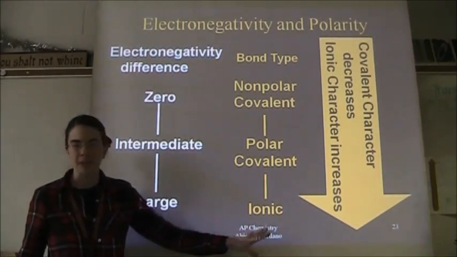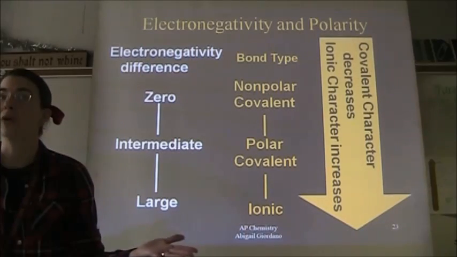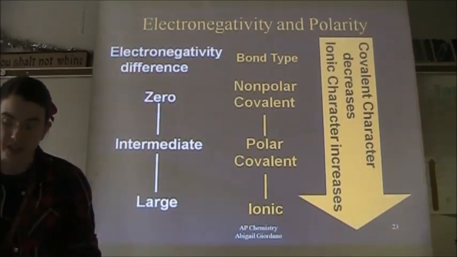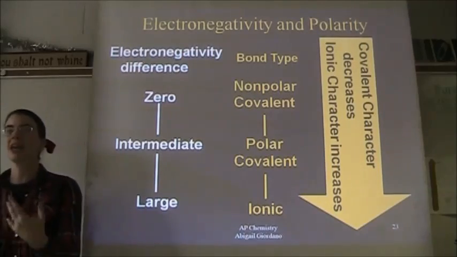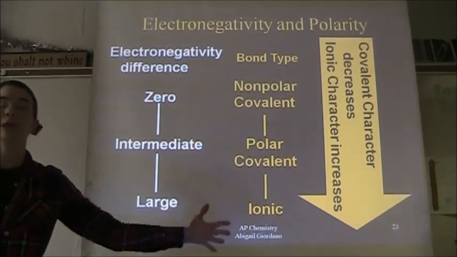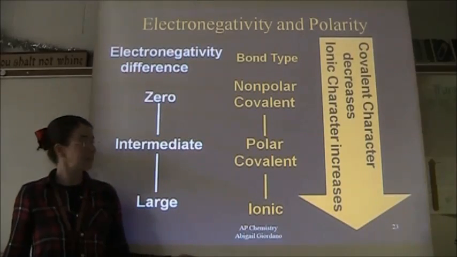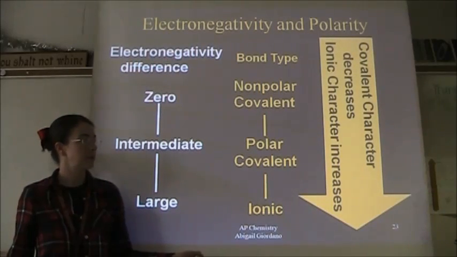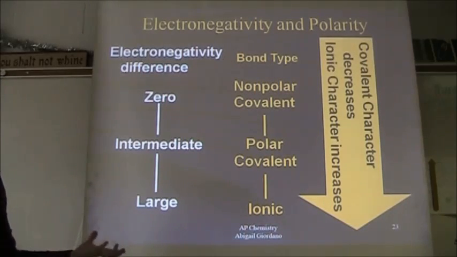Not as much as something like, I'm looking at the chart, cesium chloride. Cesium chloride has a much greater ionic character because it has a much bigger difference than aluminum chloride. Okay. So don't stress, like, how am I going to know?